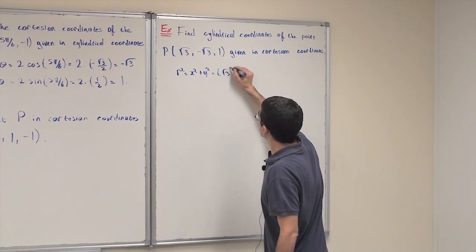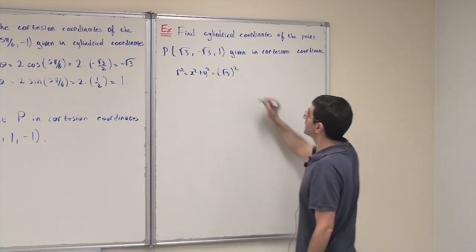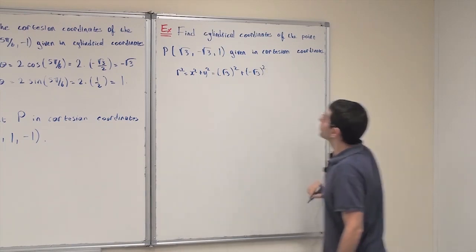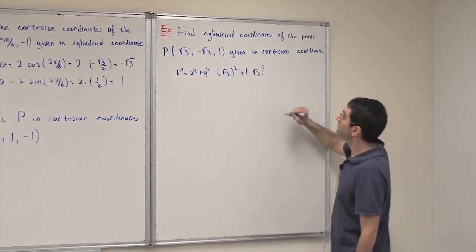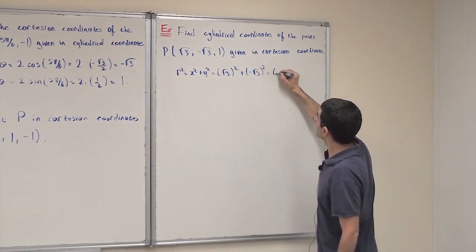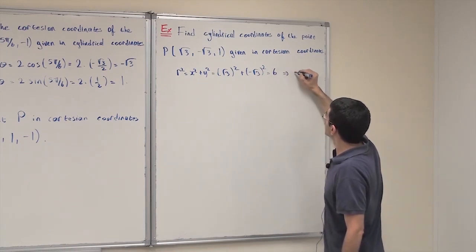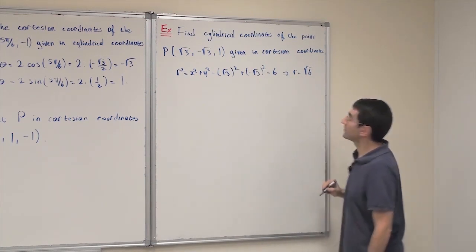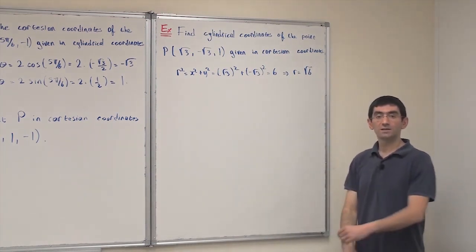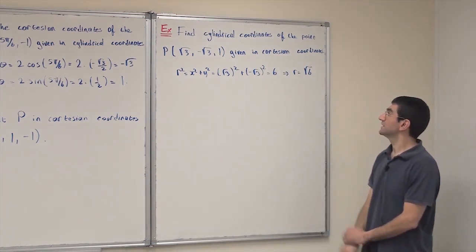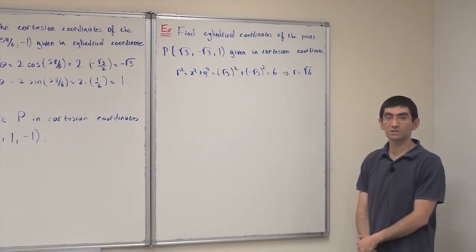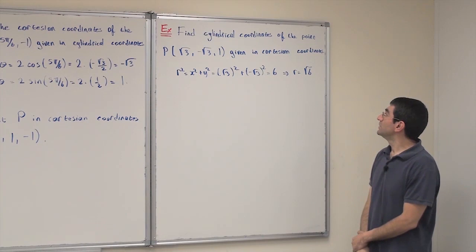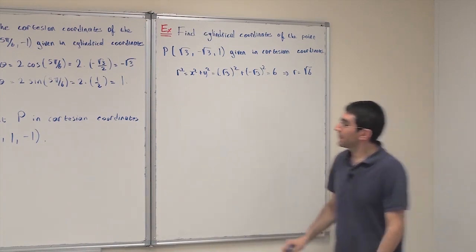So square of √3 plus square of -√3, and so r squared is equal to 6. So r is equal to plus or minus √6, but remember from the discussion of polar coordinates that we can always work with positive r. So we choose r to be √6.